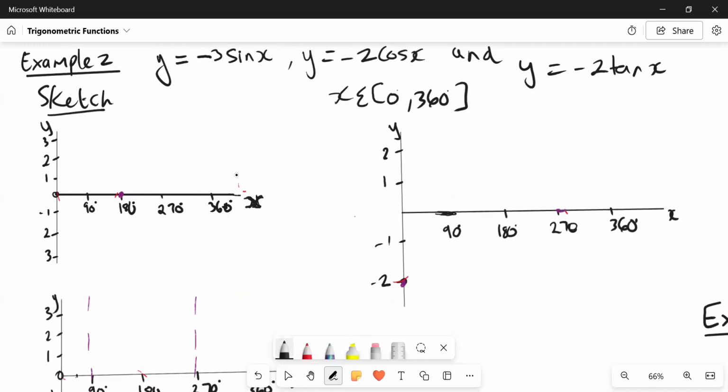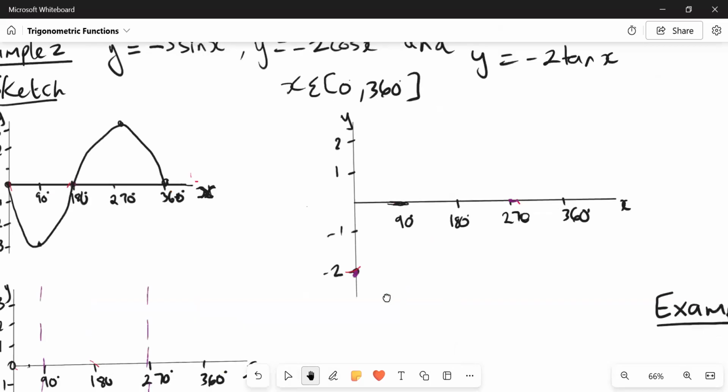So at 90, you will have -3, 180, 0, 270, +3, 360, 0. And then let's join the points. And then this is your graph. It will start by decreasing because of the negative sign, right?